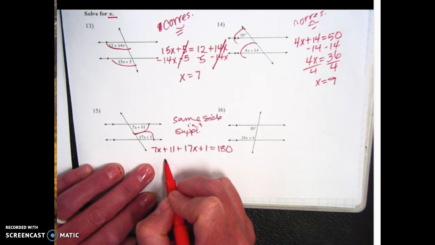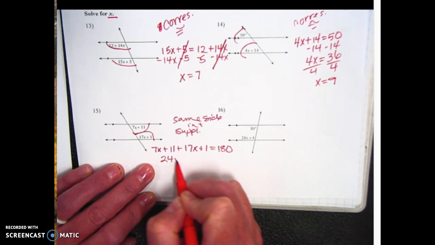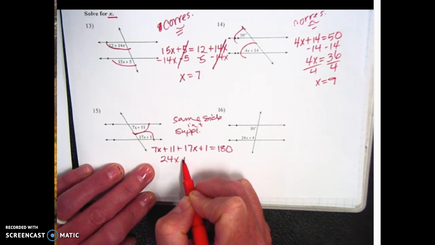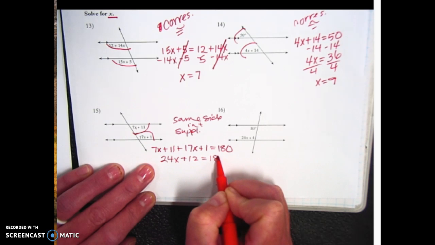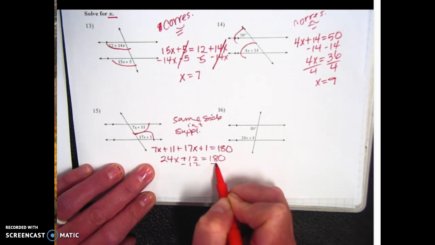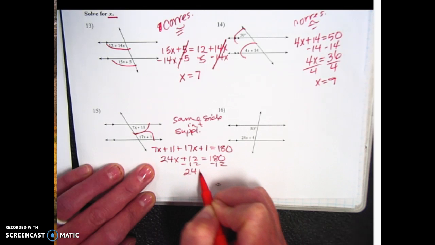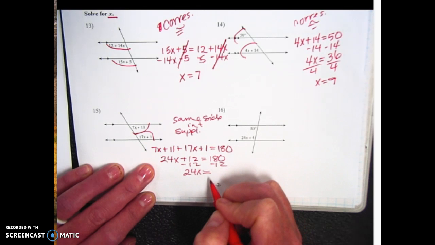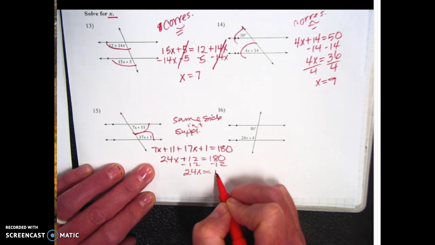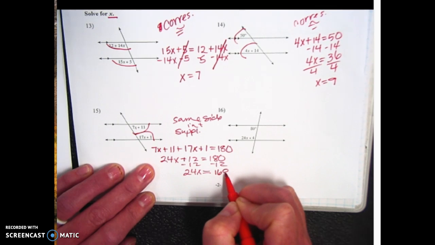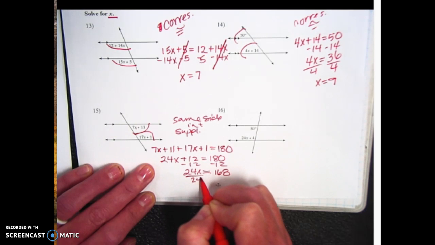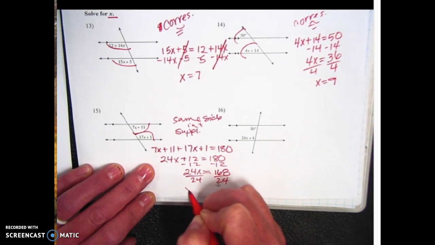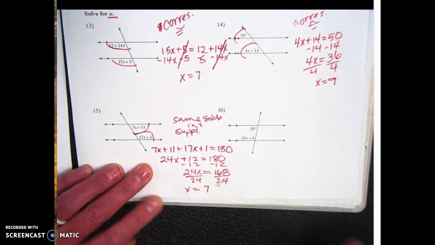So 7x and 17x is 24x. 11 and 1 is 12. Subtract the 12. So this is 168. Divide both sides by 24. So x is equal to 7.